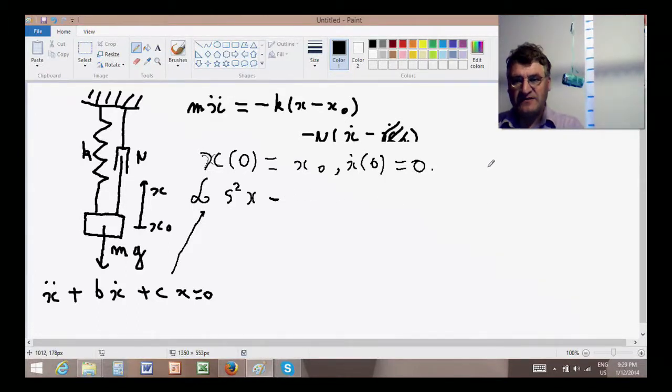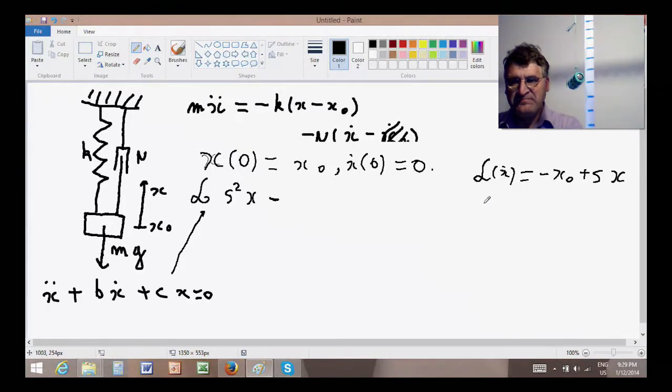So we have that the Laplace transform of x dot is equal to minus x0 plus s x, the Laplace transform of x.